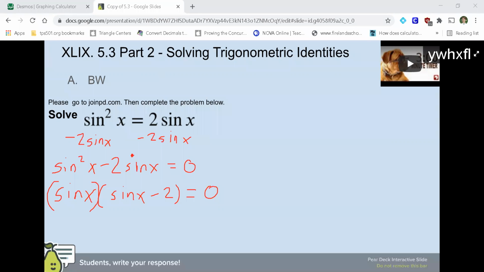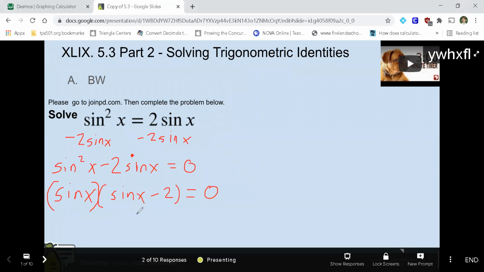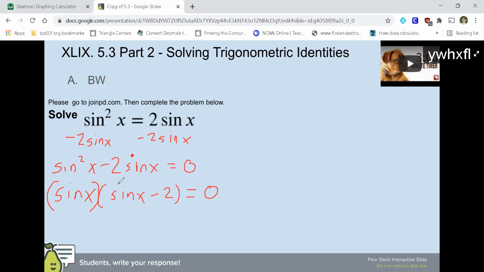Now that this is factored, this is what we ended class with last time. You want to set each of these factors equal to 0. So we'll have sine of x is 0 and sine of x minus 2 is 0.